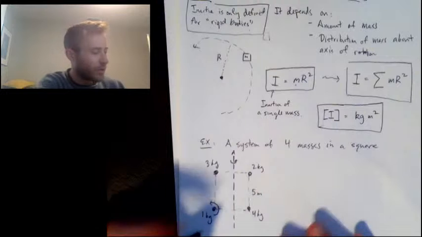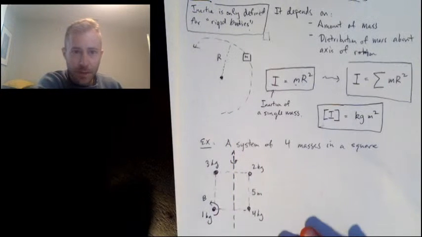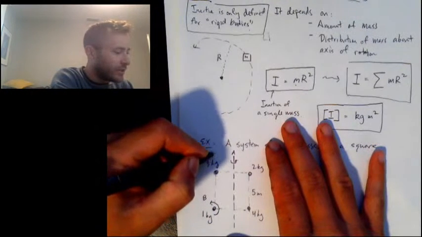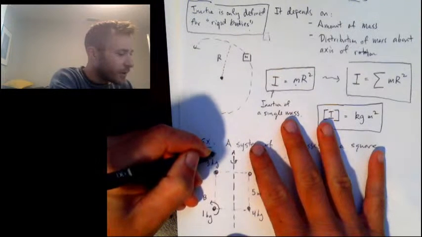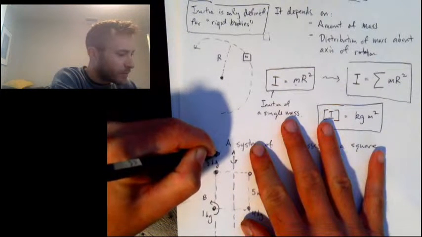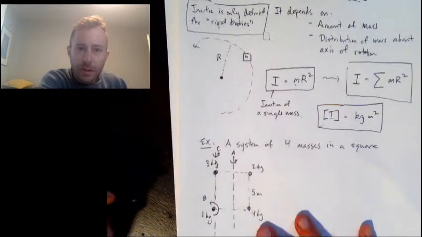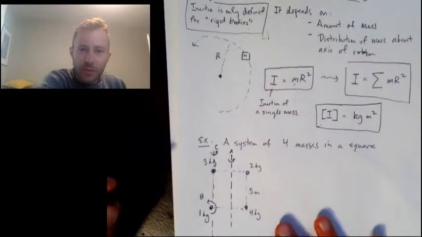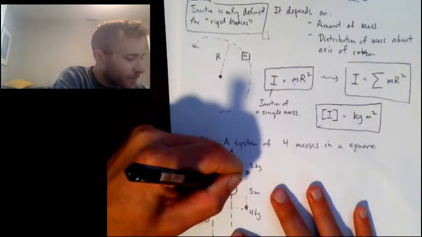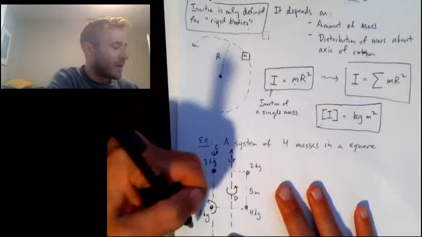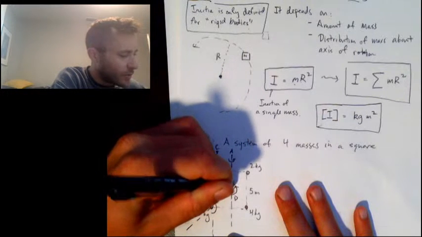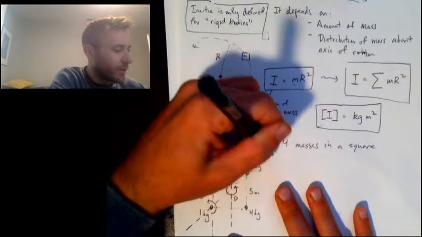This axis of rotation is actually out of the plane. Axis of rotation C is going to be rotating it like this. Axis of rotation D is going to be rotating the square about its center. And axis of rotation E is going to be rotating the square about a diagonal.